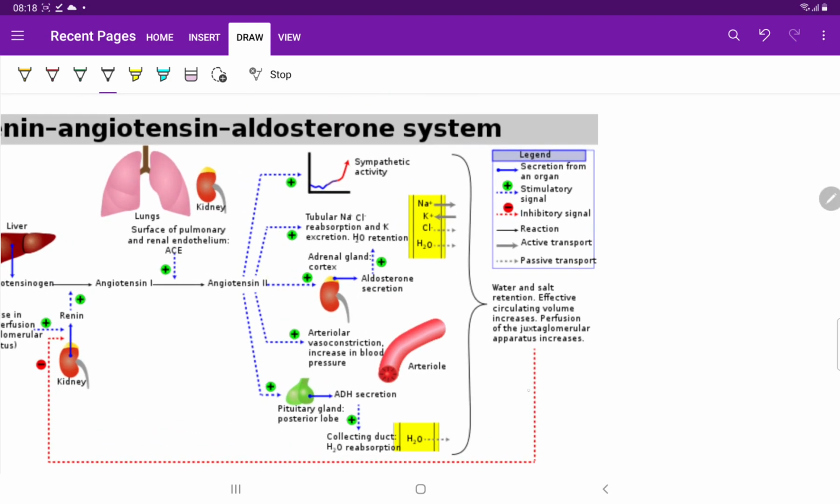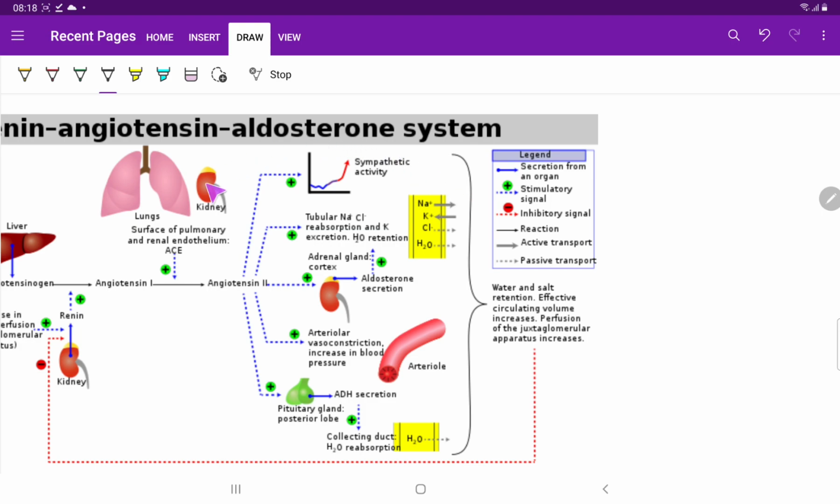Either it causes constriction in the blood vessels, which increases blood pressure, or it causes secretion of antidiuretic hormone, which acts on the distal convoluted tubule and increases absorption of water, increasing blood pressure. Or angiotensin II causes secretion of aldosterone, which increases sodium ion absorption and water absorption from the distal convoluted tubule.